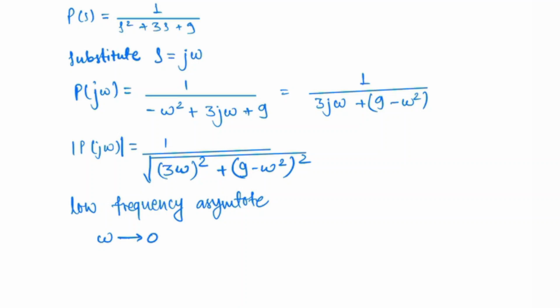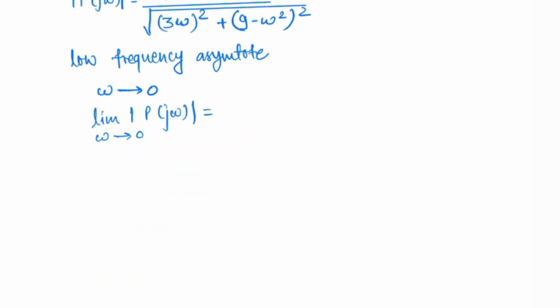So if we take this limit, we get 1 over 9.